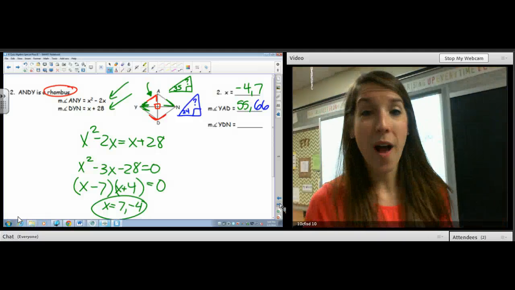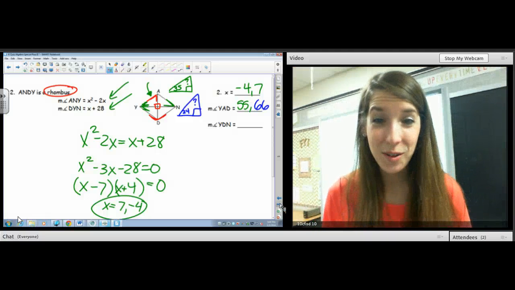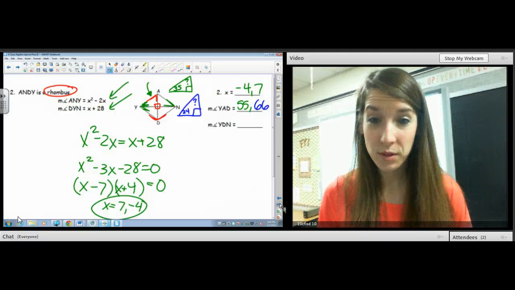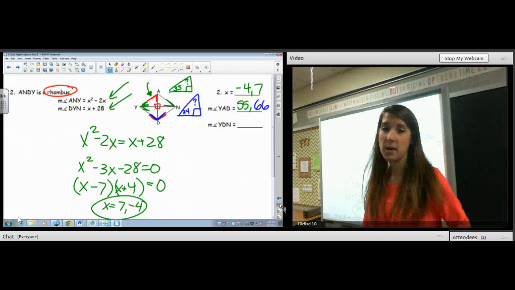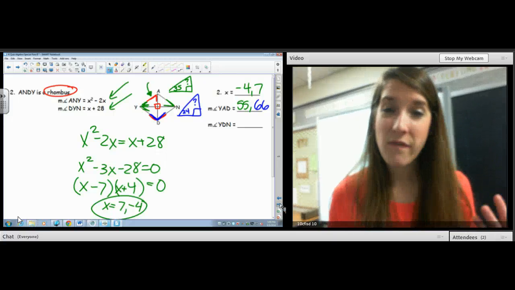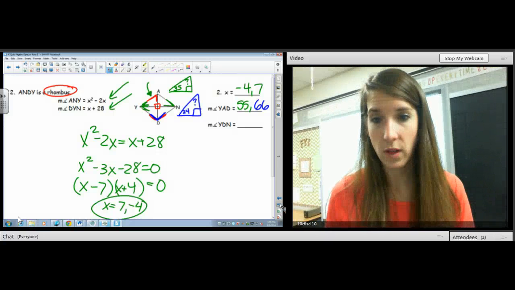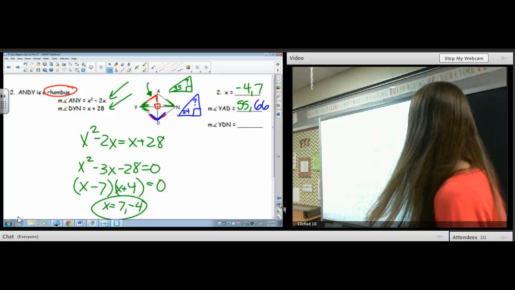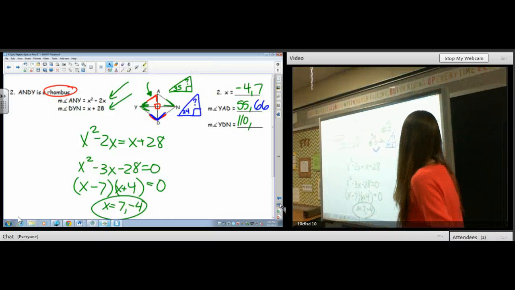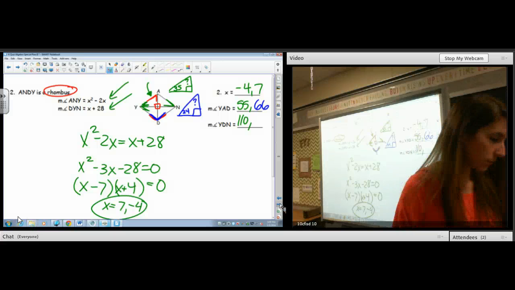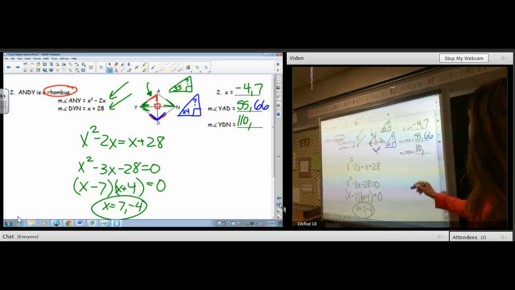Now remember, in a rhombus, the diagonals bisect the angles. So if we know those two angles, and we're trying to find this one, all we have to do is double it, because we found half of the angle and it's asking for the whole angle. So you double 55, 110, and you double 66, 132.